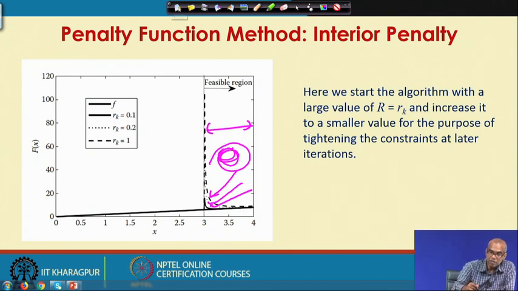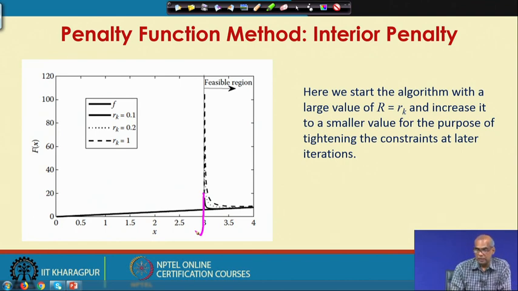We do not leave the feasible region and approach the solutions from within the feasible region. So, the interior penalty function method approaches the optimum while remaining within the feasible region. We start with a higher value of penalty term and slowly reduce the value.